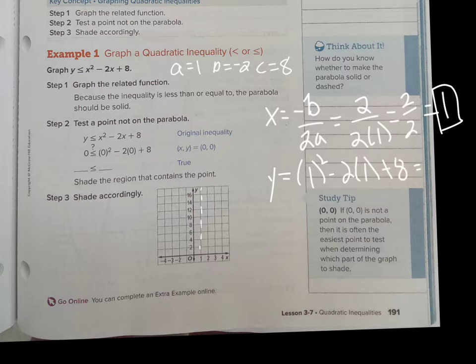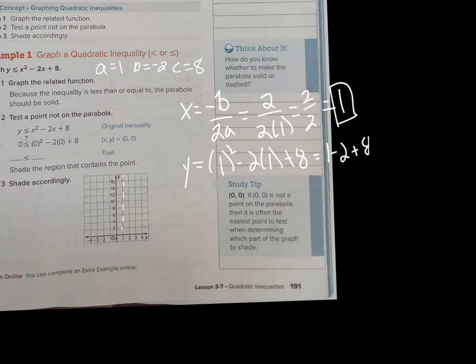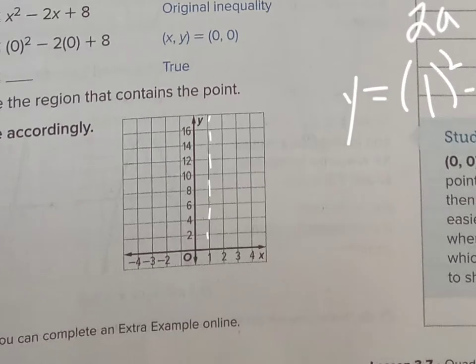That's 1 minus 2 plus 8, so negative 1 plus 8 is 7. So our vertex is at (1, 7). Then I'm going to put that over here.